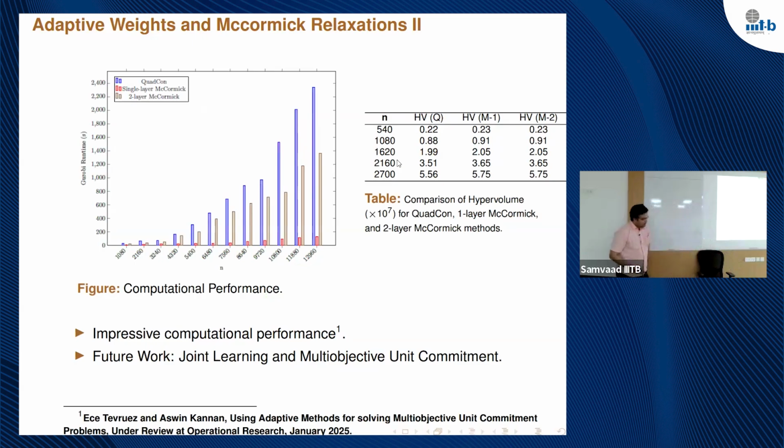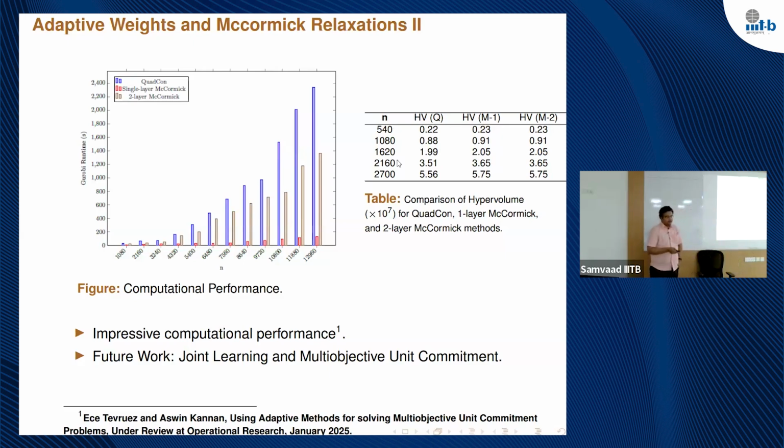In this case, we see a very impressive performance from using McCormick relaxations. By this, I mean the red ones here. The blue ones are nothing but your Gurobi. HV here means hypervolume, with respect to quadcon or Gurobi, and this is McCormick, and this is McCormick 2, which is two pieces of McCormick.